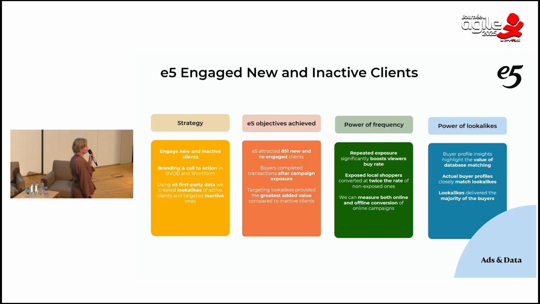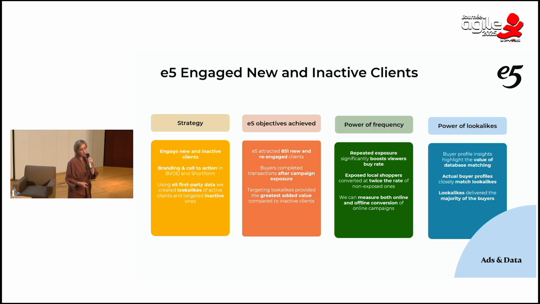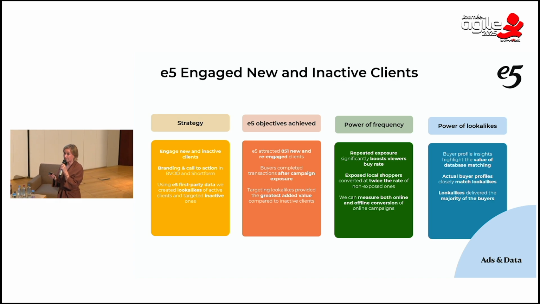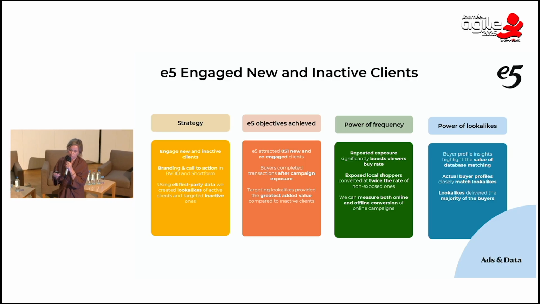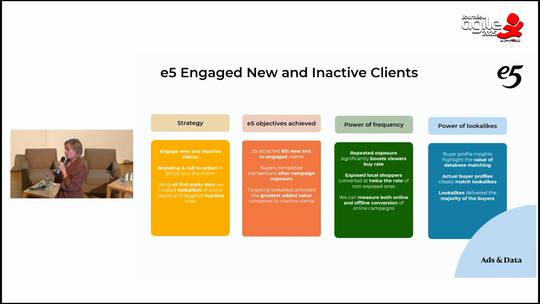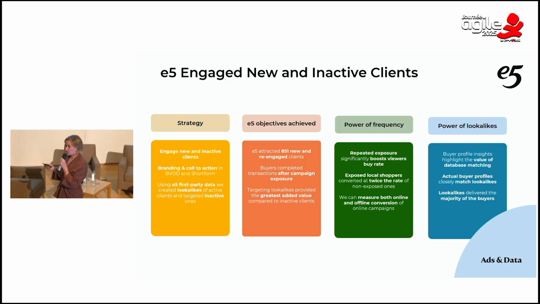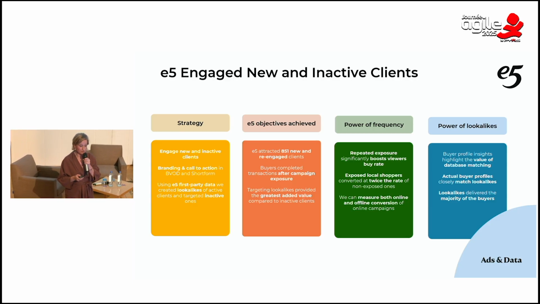So they have a strong predictive power and can anticipate buying behavior. And the second conclusion on the lookalikes is that the majority of the new clients were attracted by the lookalikes that we had created.